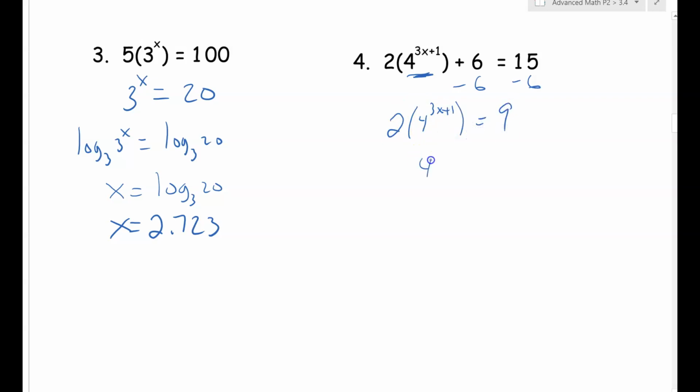Then we're going to divide by 2. So we still have that equals, and that's 4.5. Okay, and we can leave it as a decimal. You could have done it as a fraction as well. All right, so next we are going to take the log base 4 of both sides. It's always the same base as whatever that base is.